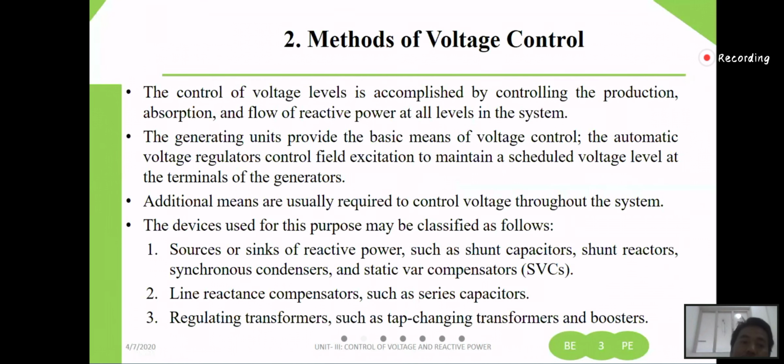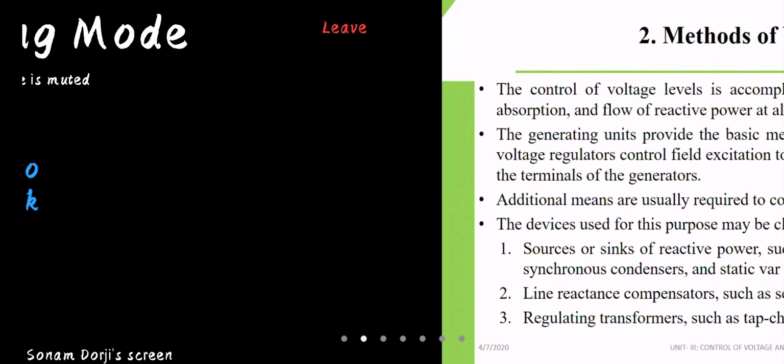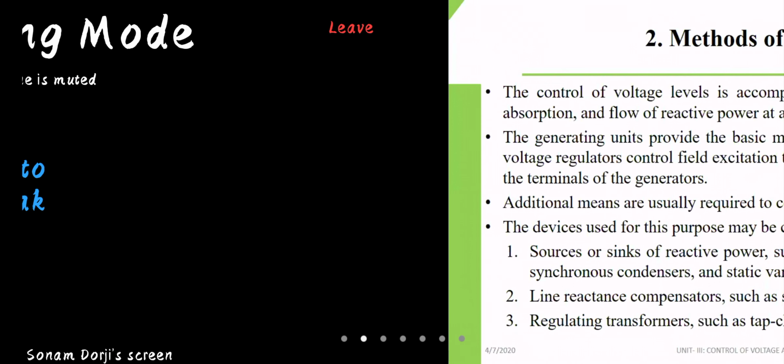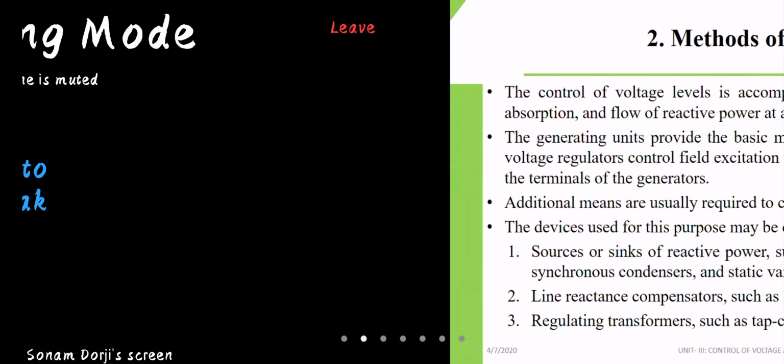We can control the voltage level by controlling the production, absorption and flow of reactive power in the power system. If you are able to control these, then we will be able to control the voltage.